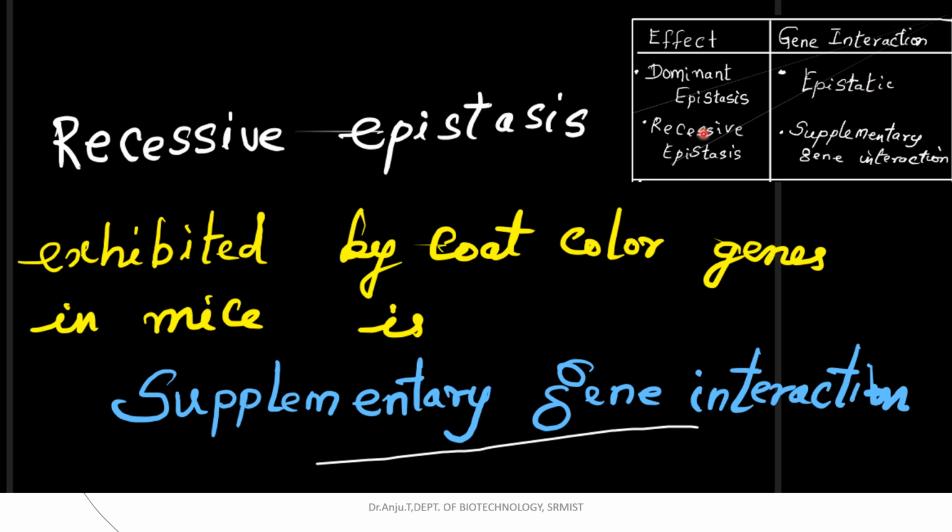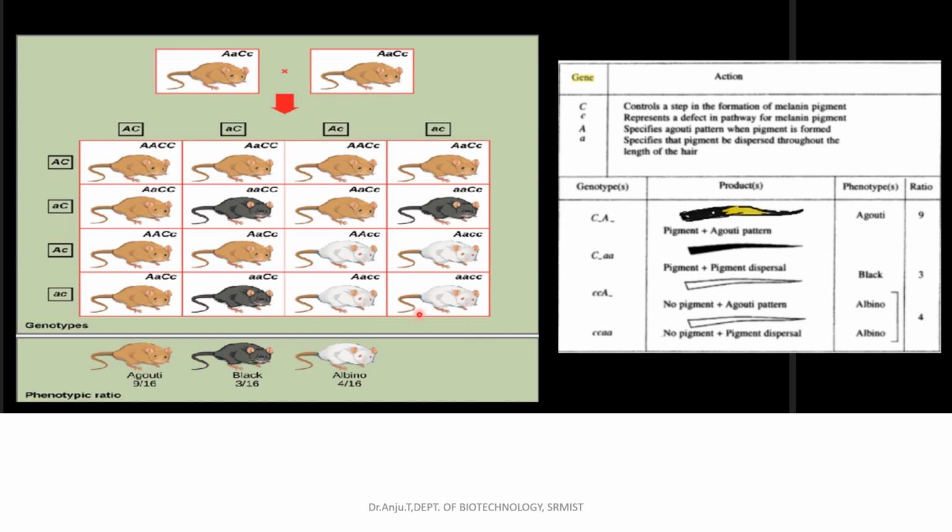In the same way, in recessive epistasis, here also it is a supplementary gene interaction where you find a recessive epistasis. That is why we call it recessive epistasis or supplementary gene interaction. So one example we have taken is the mice coat color. The final phenotypic ratio is 9:3:4.